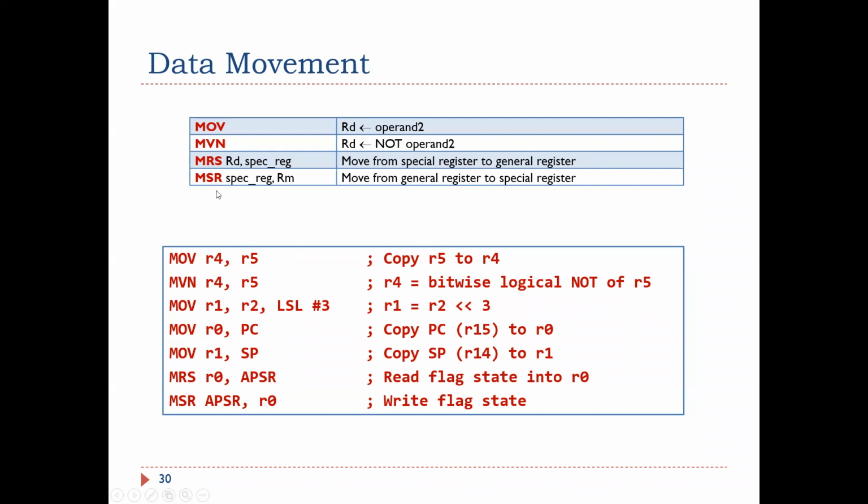The other instruction is the other way around, which is moving from a general register to a special register. Here you can see that you are moving data from R0 to the APSR. So you're copying the data from R0 to the application program status register with the MSR.